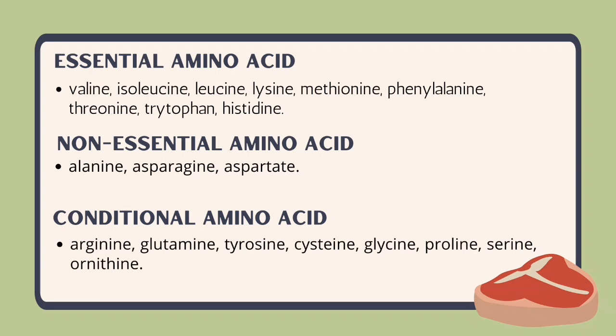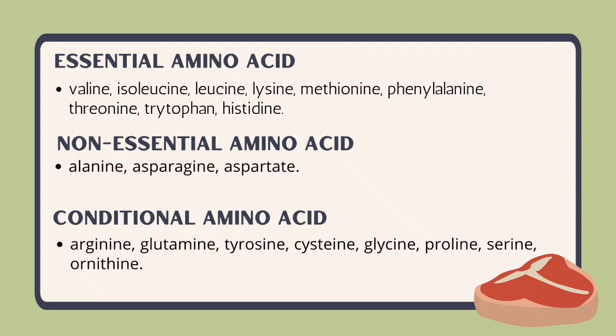However, only 8 out of 9 essential amino acids is essential for adults because histidine is only essential for infants. The non-essential amino acid does not mean that it is not essential for our body.